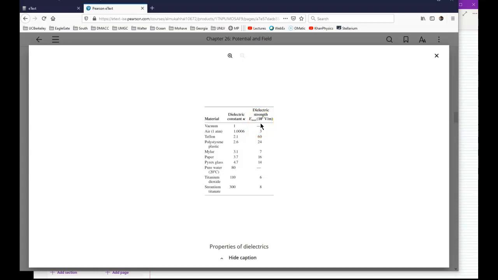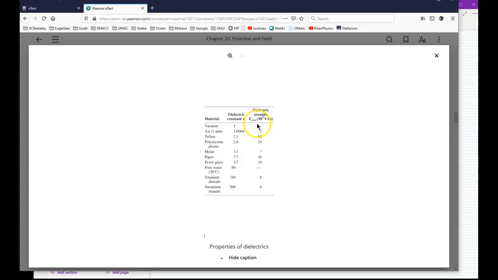If this electric field exceeds this value, what will happen to the capacitor? In the worst case scenario, it will just melt. But in a usual scenario, it will start conducting electricity and break down, and it's no longer going to be a capacitor. It will not function properly.